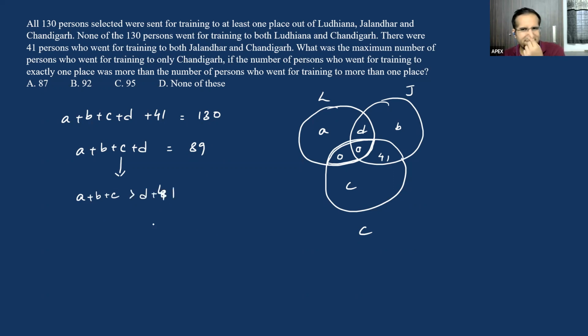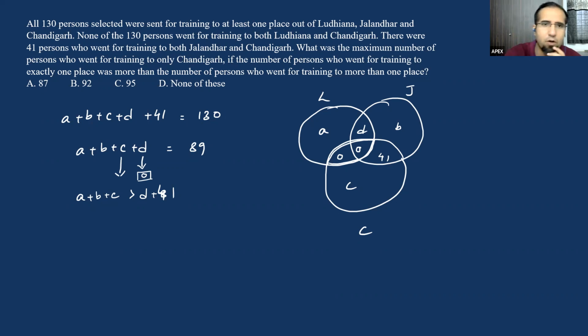Not a problem at all. There's no other condition given. The maximum is going to generate if the number of people who went for exactly one place was more than the number of people who went for exactly two places, and I want to maximize A. So what can be the value of D? The value of D can be 0.